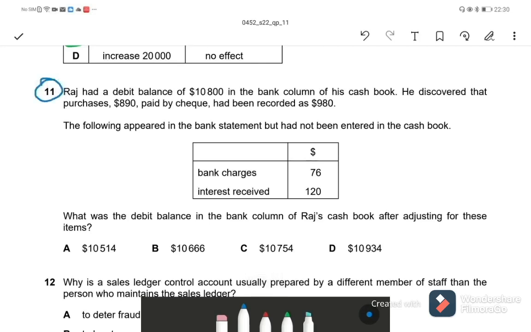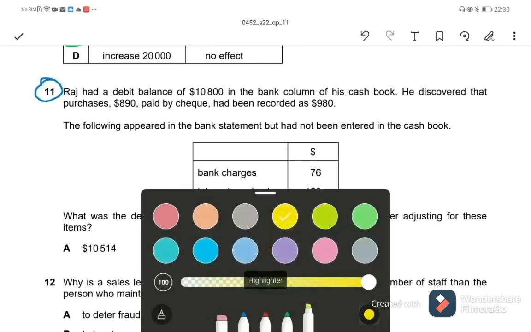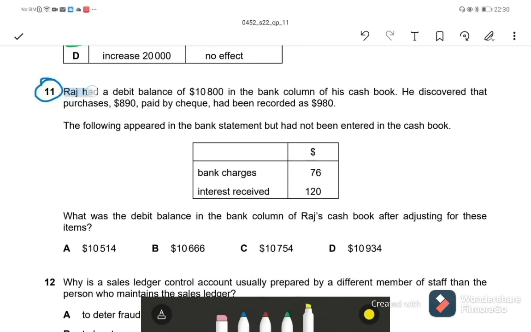Question number 11. Raj had a debit balance of 10,800 in the bank column of his cash book. He discovered that purchases 890 paid by check had been recorded 980. This is an error.